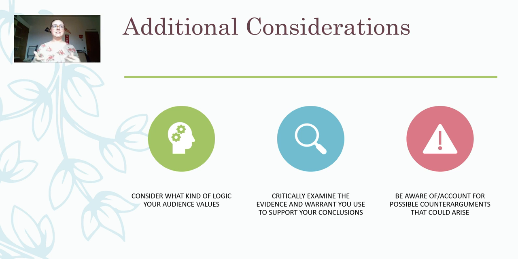Again, that might seem like a 1 + 1 = 2 type argument, but I could also make a counter argument that says, well, maybe it's just a complete coincidence, or maybe there isn't a game today and students are wearing school colors to support something else that's going on campus or a different student organization or student group. So you do want to be aware of those and account for them in your research and in your writing.